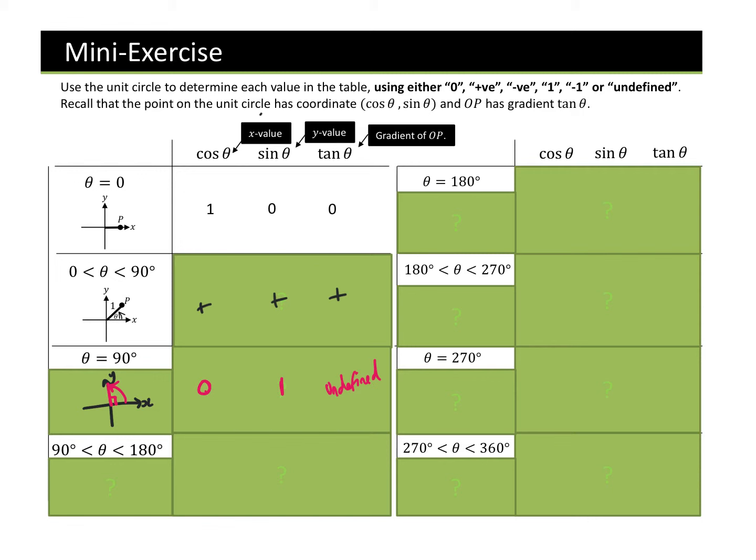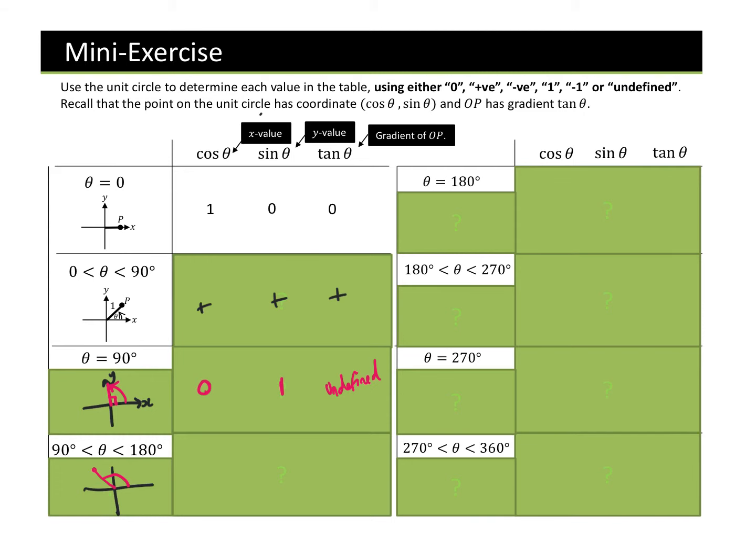Between 90 is less than or equal to theta and less than or equal to 180, we're having a look at this, the angle is going to be roughly around here. It's going to be in between 90 and 180 degrees.